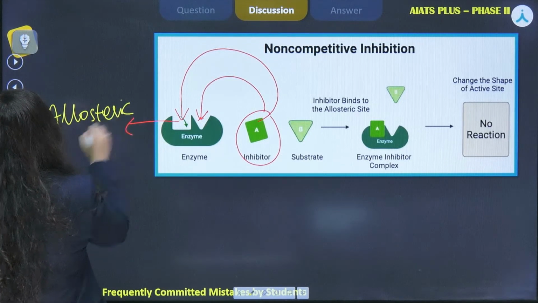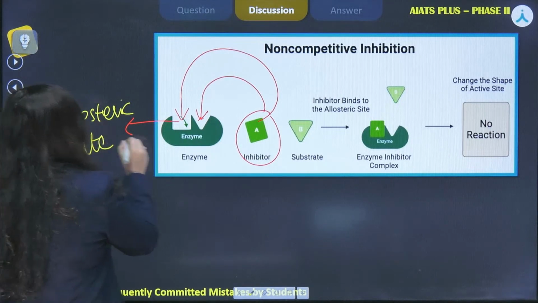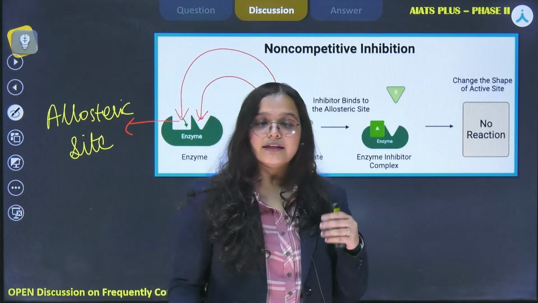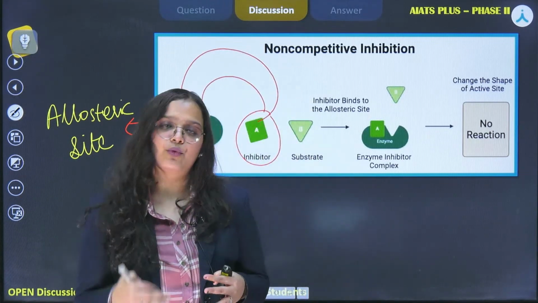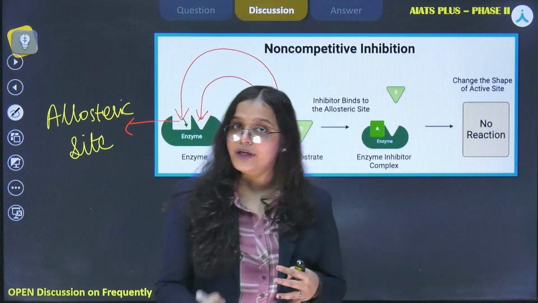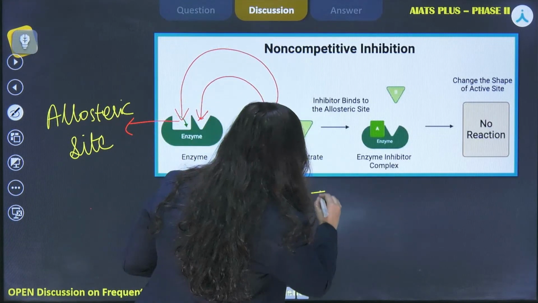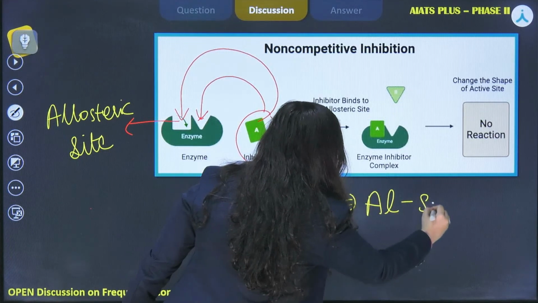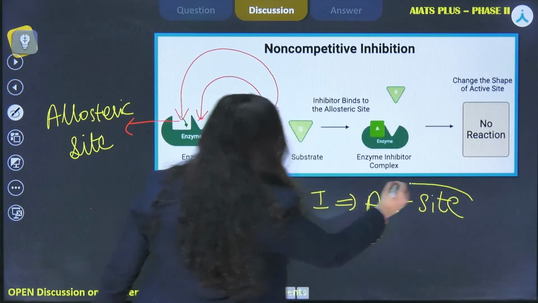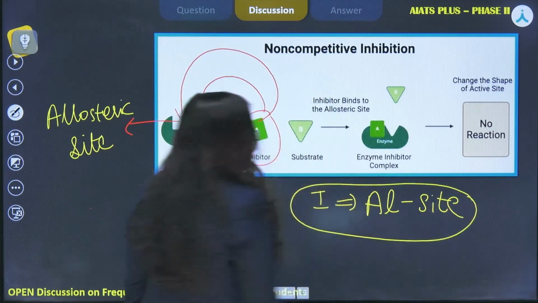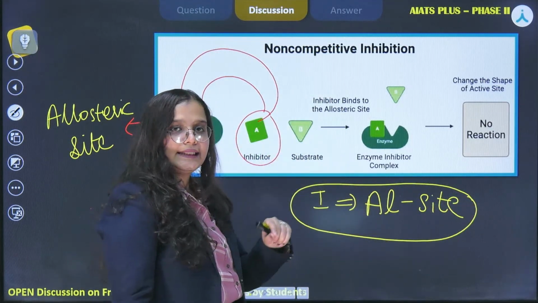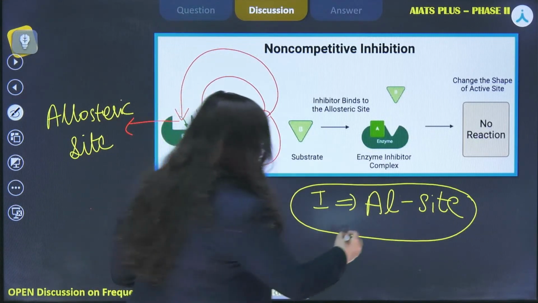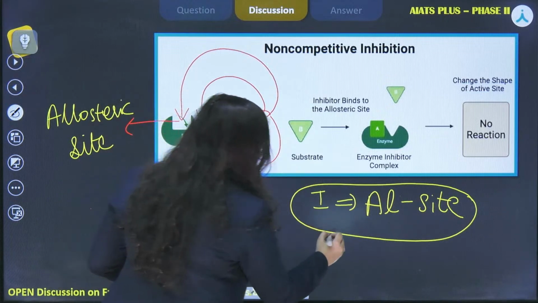It will induce such conformational changes that there will be a change in the shape of the active site of our enzyme. So what happens is that the inhibitor will bind to the allosteric site. Now this will bring about a conformational change in the active site of the enzyme, and the active site of the enzyme will undergo a change in shape.